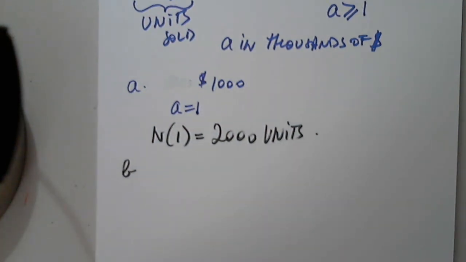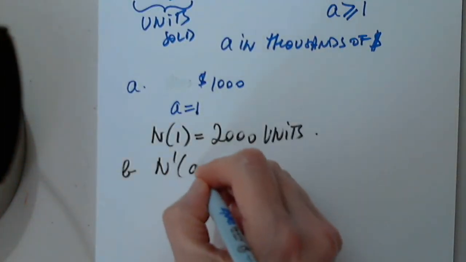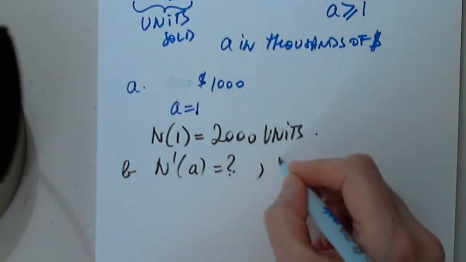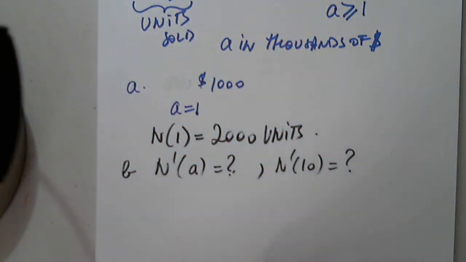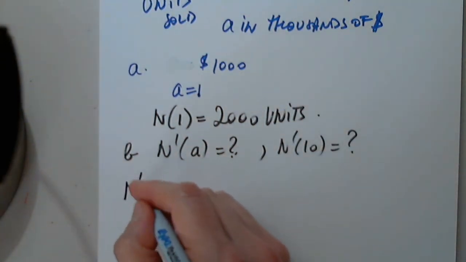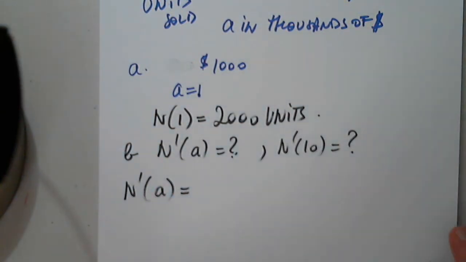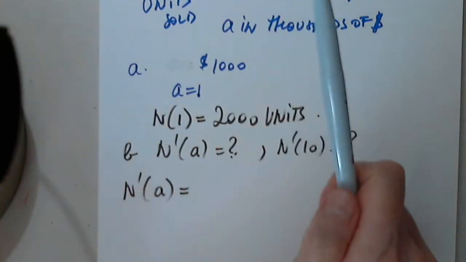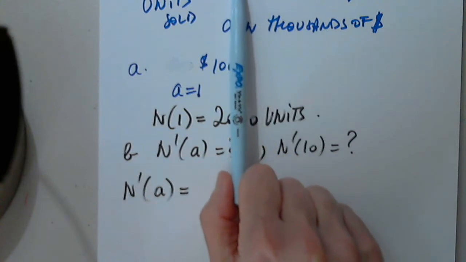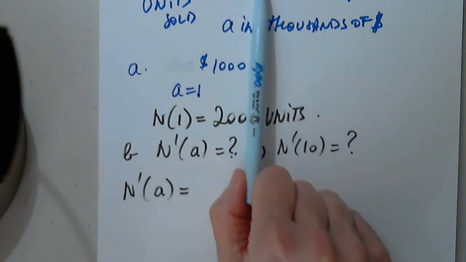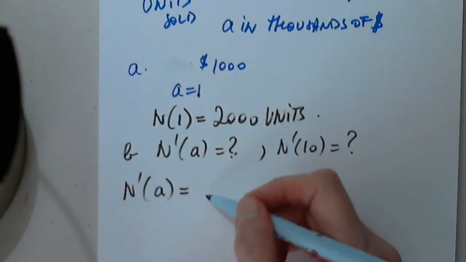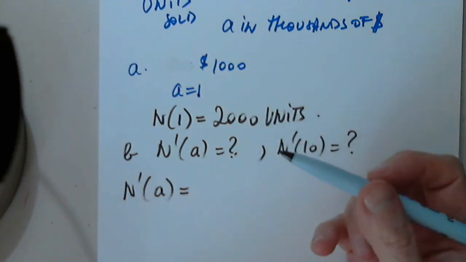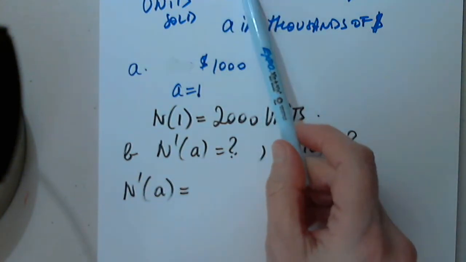Part B. Very good. Find N prime of A, and then find N prime of 10. So let's start. Can anyone help with N prime of A? What is the rate of change?